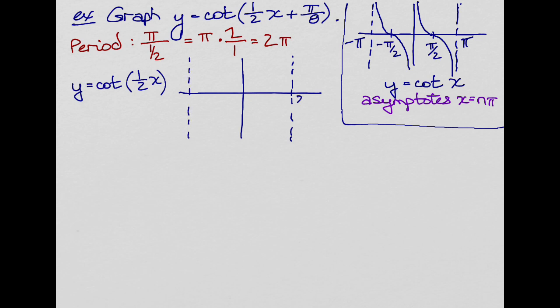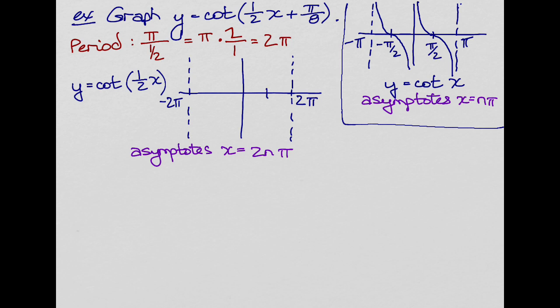The period is now 2 pi. So my asymptotes are now multiples of 2 pi instead of multiples of pi. And the shape, well, we're stretched out, but other than that, it doesn't change.